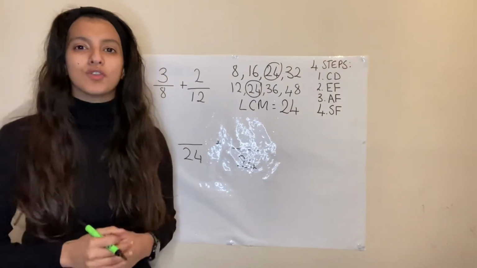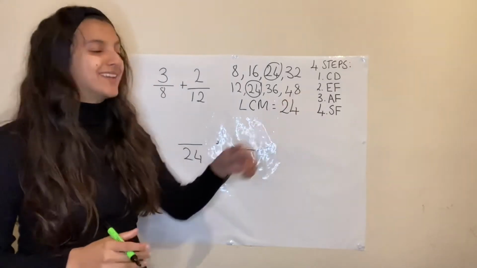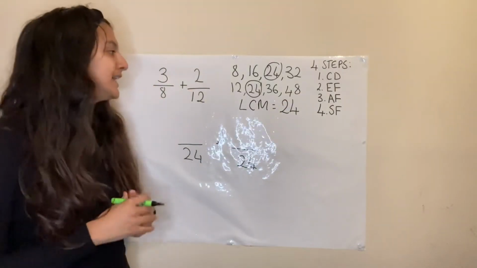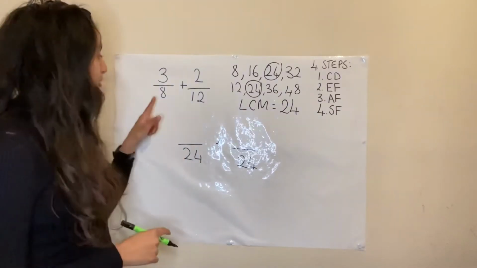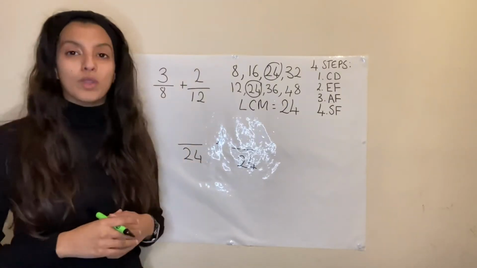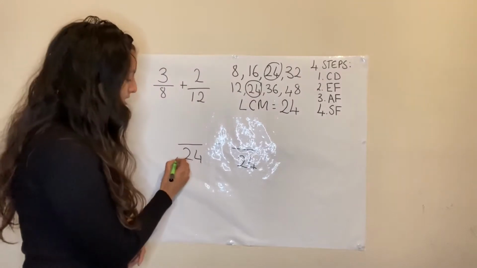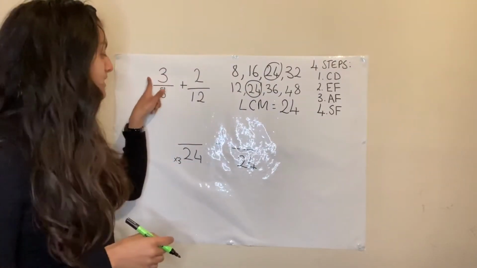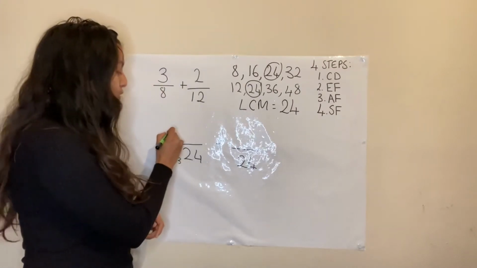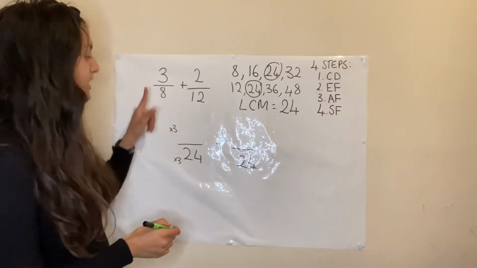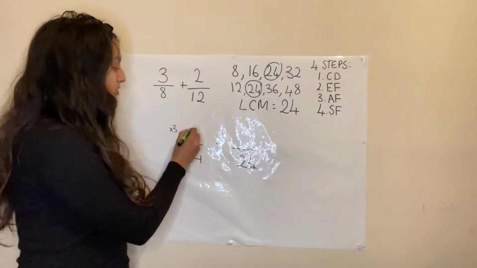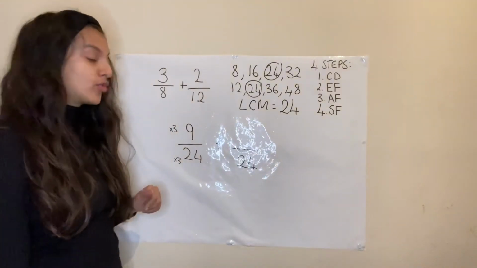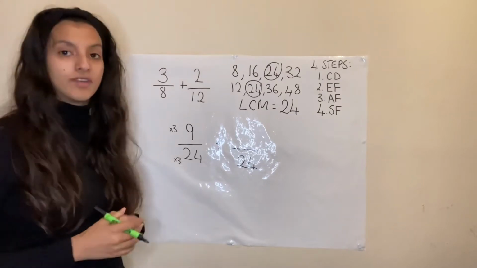Now we need to move on to step number 2, which is to find equivalent fractions. Now, to get from 8 to 24, we multiplied by 3, which means now we need to multiply our numerator by 3 also. So 3 times 3 equals 9. Therefore, 3 over 8 is equivalent to 9 over 24.